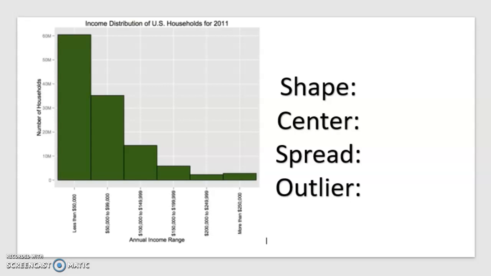So I tell you what, I'm not going to worry about the details. I'm just going to try to answer the questions. So if you're going for the shape, you would not say that it is roughly symmetric by any means. Since it is going down to the right here, you would say it's tailing to the right. So you would say this is skewed right.